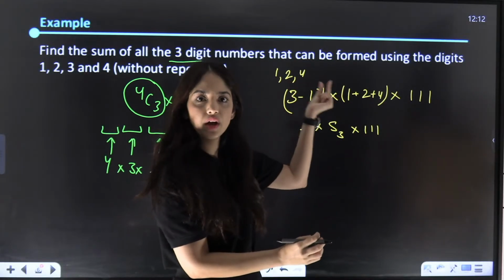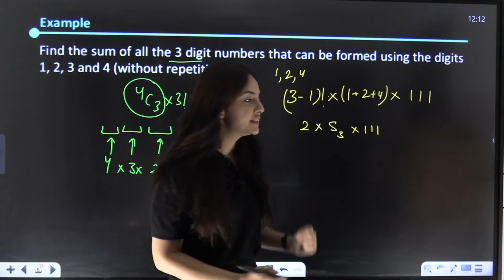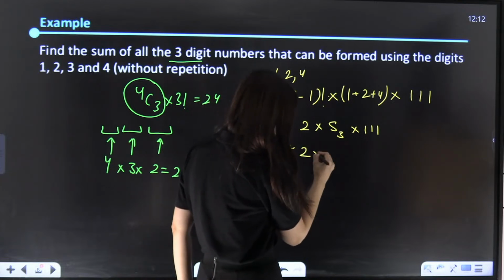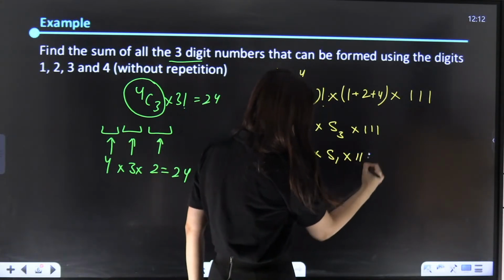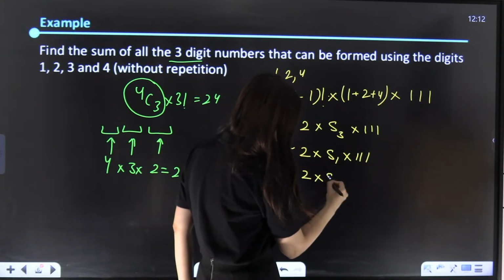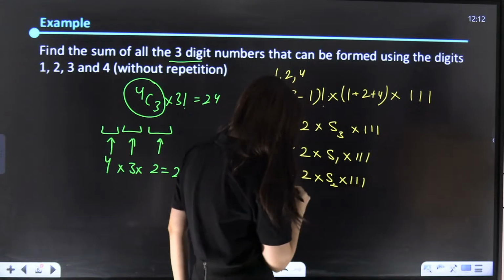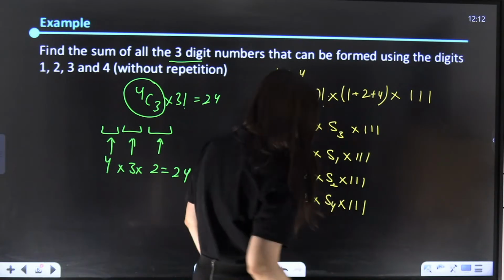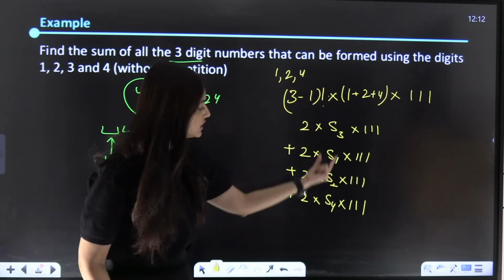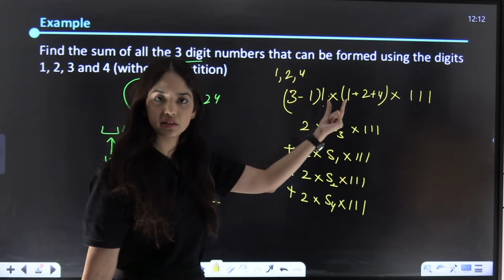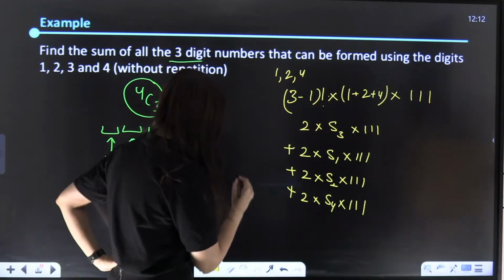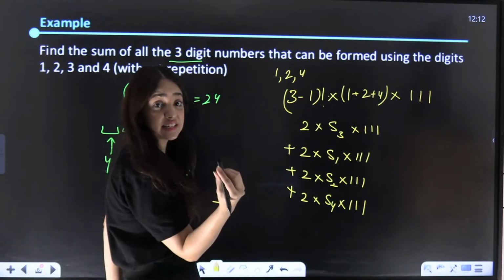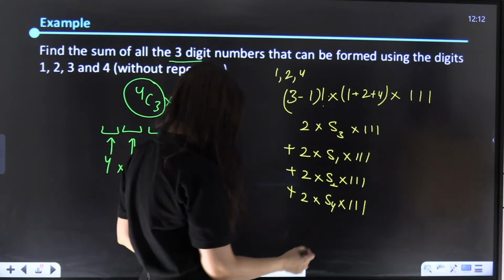Just like that, we are going to have 4 sums. 2 into S1 into 1, 1, 1. 2 into S2 and 2 into S4, 1, 1, 1. Right? Now, what is the sum of S1 plus S2 plus S3 plus S4? If S is the total sum, alright?